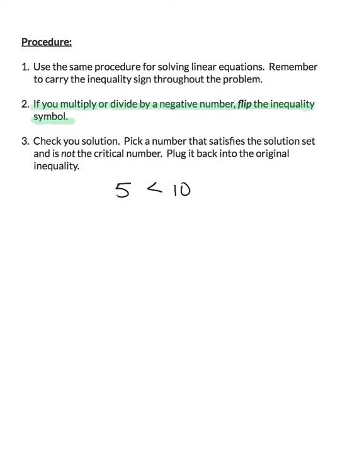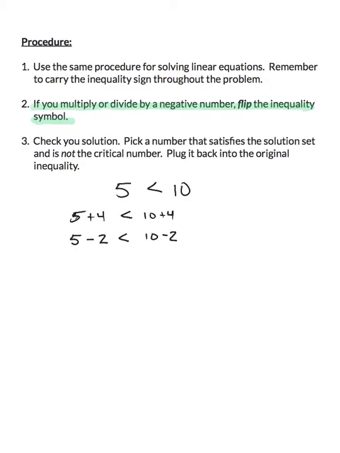If we add a number to both sides, let's say 5 plus 4 and 10 plus 4, is it still a true statement? Well, we get 9 is less than 14. That is true. If we subtract a number from both sides, let's say 5 minus 2 and 10 minus 2, is it still a true statement? Yes. So adding and subtracting is not going to change our inequality sign.